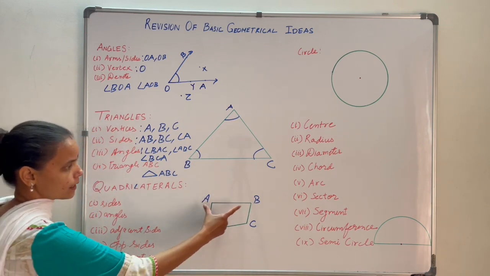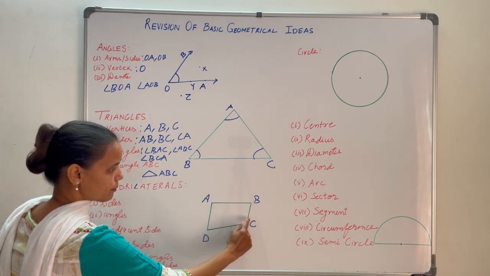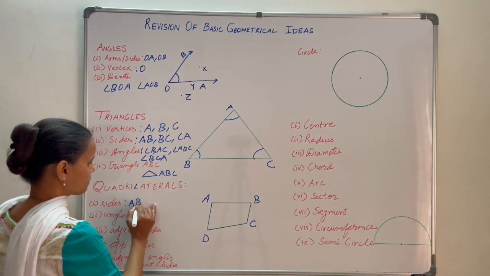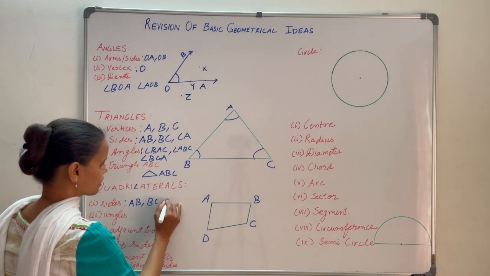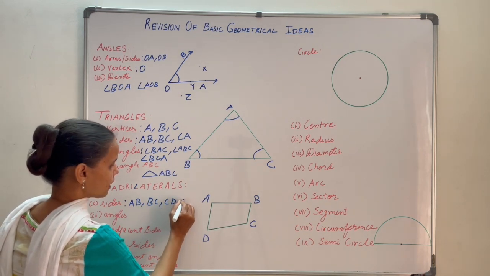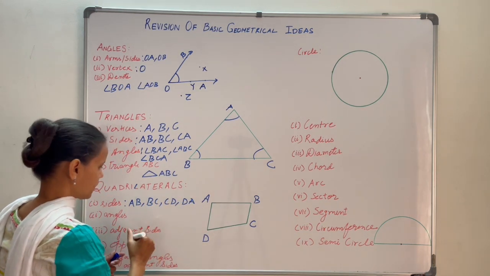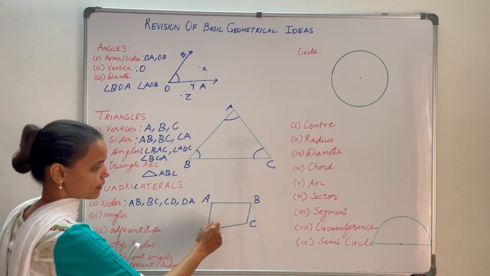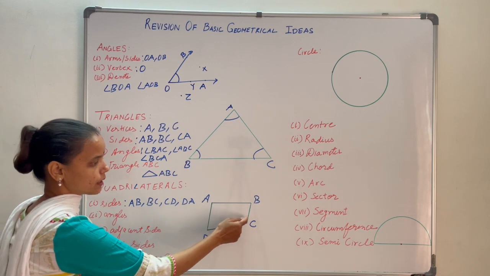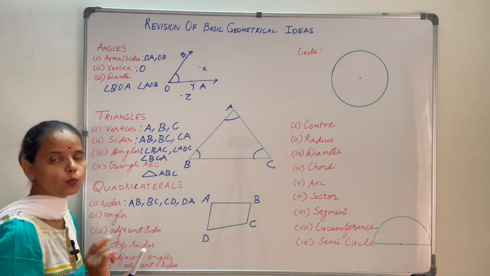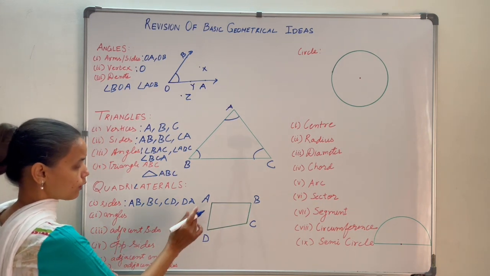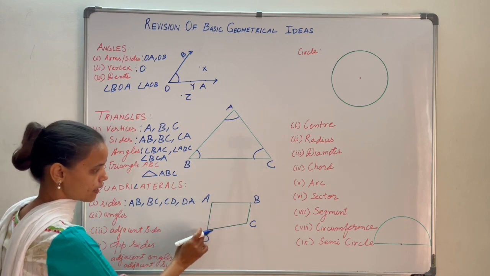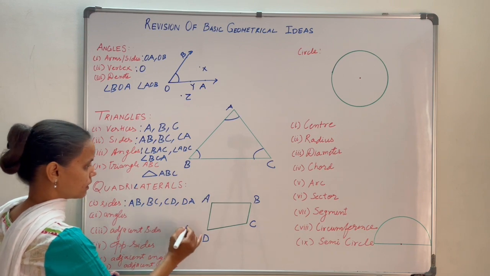So what are the sides of this quadrilateral? AB, BC, CD and DA. What are the angles? You can write it as angle A, angle B, angle C and angle D, because at each vertex there is only one angle formed. So if you want, you can take this in the center and write it as angle BAC or DAB.